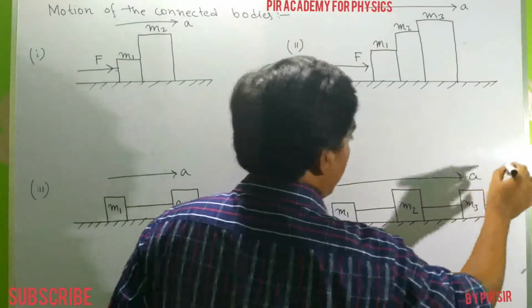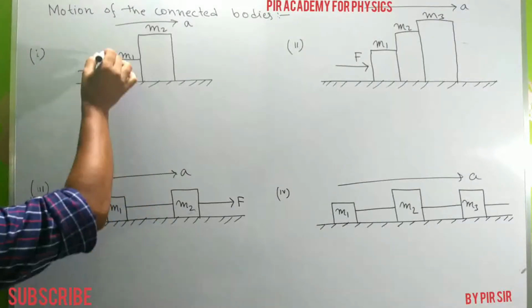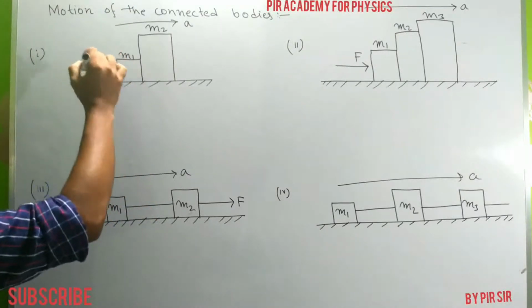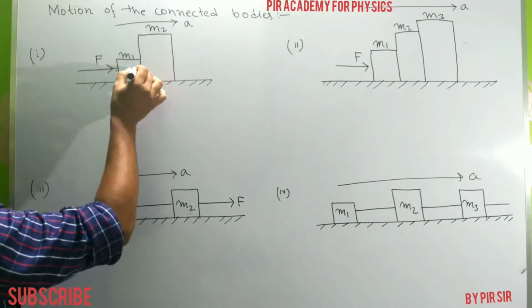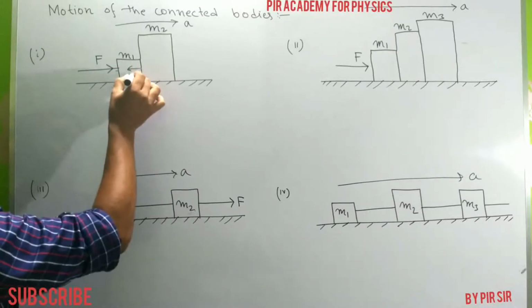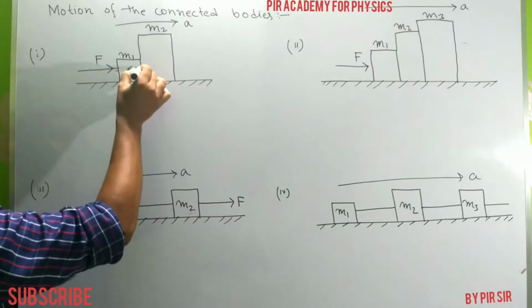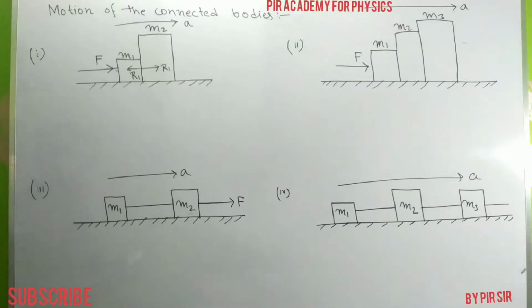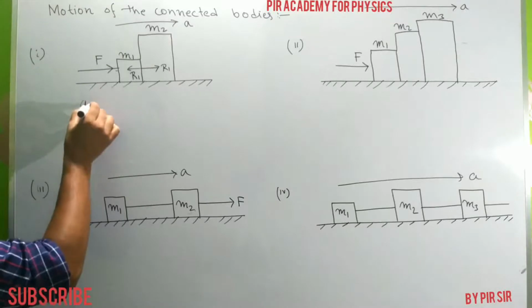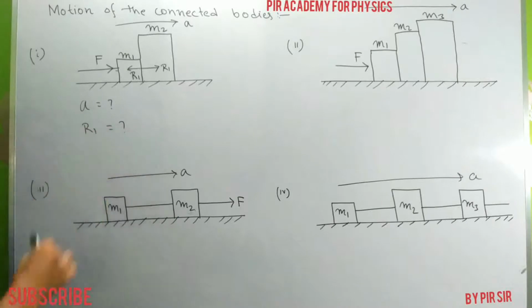If you apply the force F, then the mass M2 exerts a force on M1, that means a reaction force, which you can call R1, and this will be the action force. Action and reaction force are equal and opposite. You have to calculate the magnitude of A and the magnitude of R.